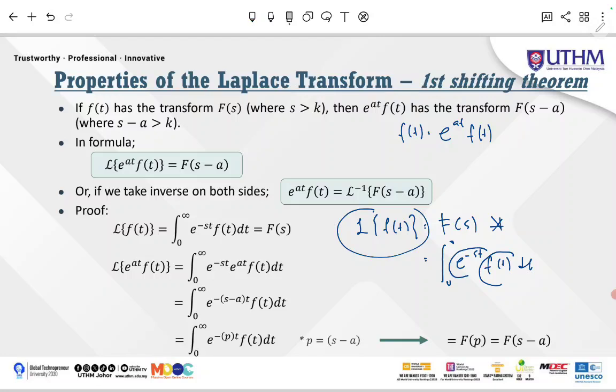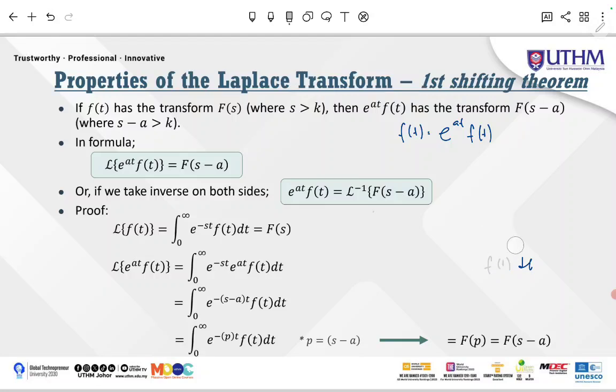But by the first shifting theorem, the Laplace transform of the function in the form of e to the power of at f(t) is equal to F(s minus a).